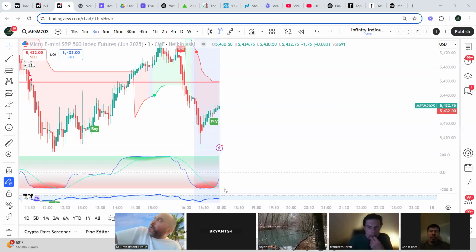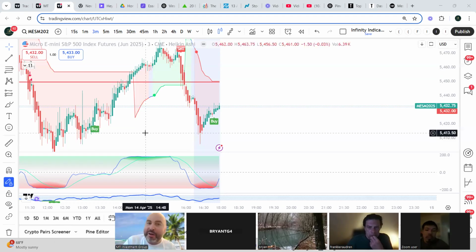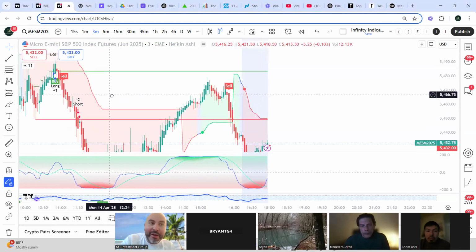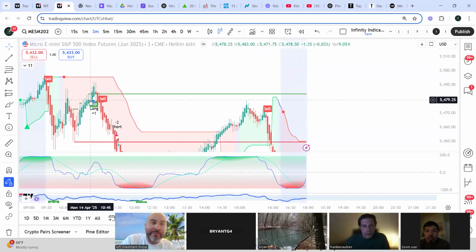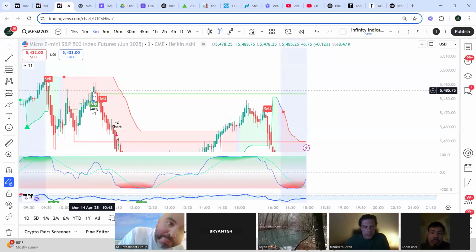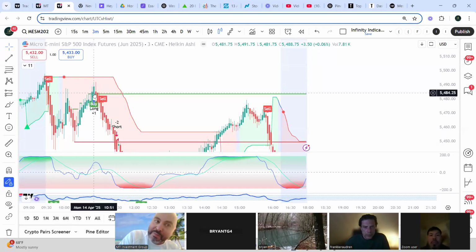What else? Other than that, it's just practicing. The best part about the strategy, I'm not gonna lie, is it's gonna take all the emotions out of it. So in a situation like here from today, where you went long here, we had a candle close above the green line, so you were supposed to enter here.